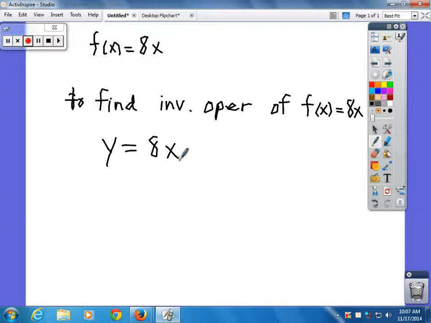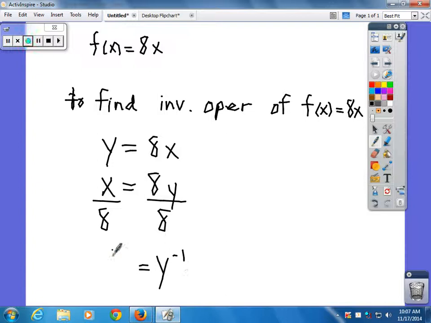Second thing you do is you switch the x and the y and solve for y. So y inverse is equal to x over 8.